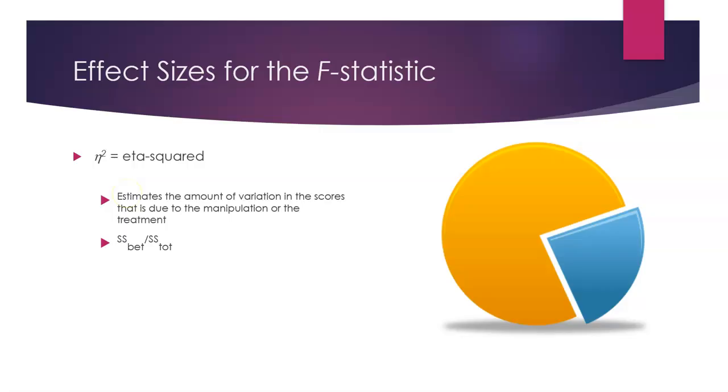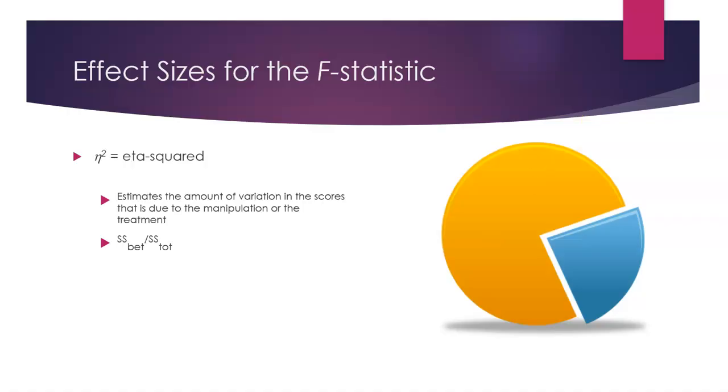So what that actually means is, imagine, for example, that this is a pie, and this pie represents all the variation in our outcome. So let's just assume, for example, that our outcome is final exam scores, okay? And we can argue that final exam scores are going to have quite a bit of variability, right?